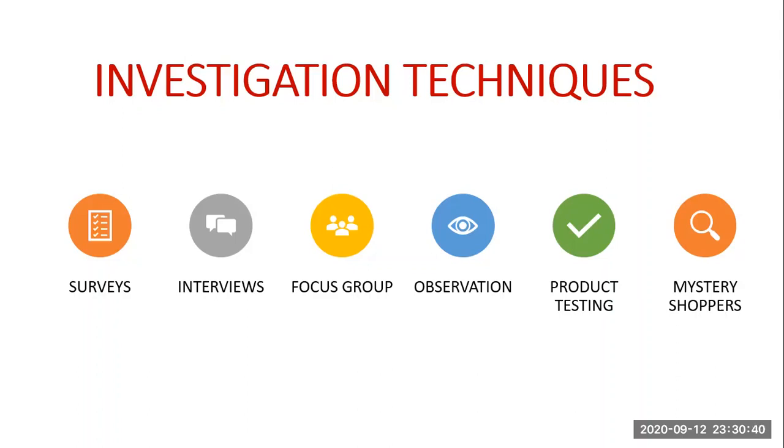Okay? And these are the investigation techniques that we can use in the field. It means you're going to be in contact with the market. You're going to talk to people or be in touch with people in some way.